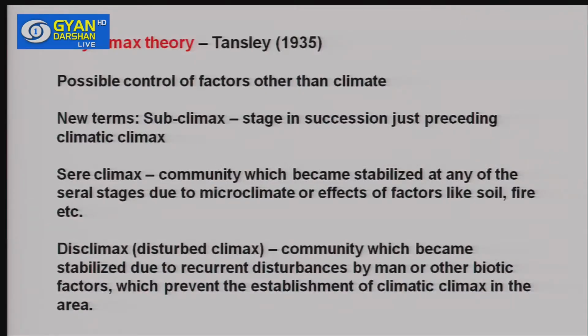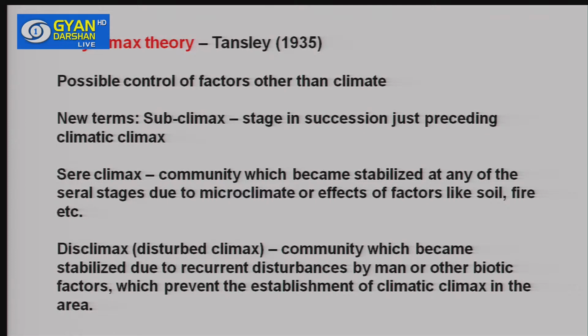So this has given rise to a parallel concept, which is called the polyclimax theory, and this has been given by Tansley in 1935. What he suggested is that there are possible controls of other factors as well.